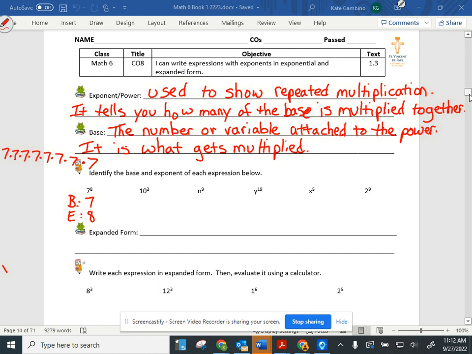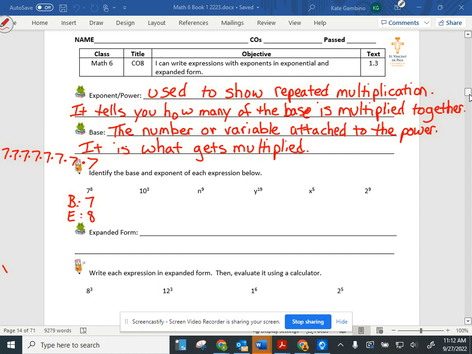So we actually have to do that math. You could keep doing 7 times 7 times 7 in your calculator and you're going to get a big number. I'm going to show you how we can use our calculator so we don't have to keep multiplying that 7 through. I'm going to show you how to do it with the exponents.